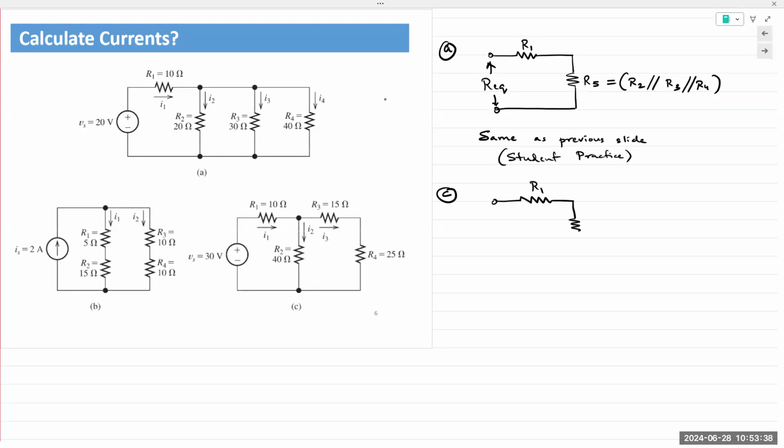You have a 40 ohm resistor, R2. And we would combine R3 and R4 in series and state it as R5. And then we realize it is the exact same circuit as the previous one.